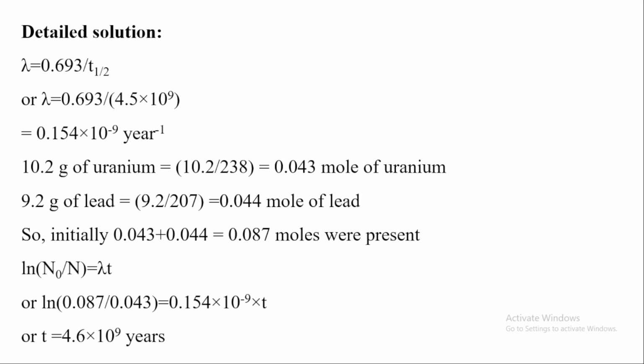That is the age of the rock, because at the beginning we have calculated the number of moles of uranium. So T will denote the age of the rock, how old that ore is. If you solve this, ln of 0.087 divided by 0.043 and then divide the final answer by 0.154 into 10 raised to the power minus 9, you will get the value of T to be 4.6 into 10 raised to the power of 9 years.